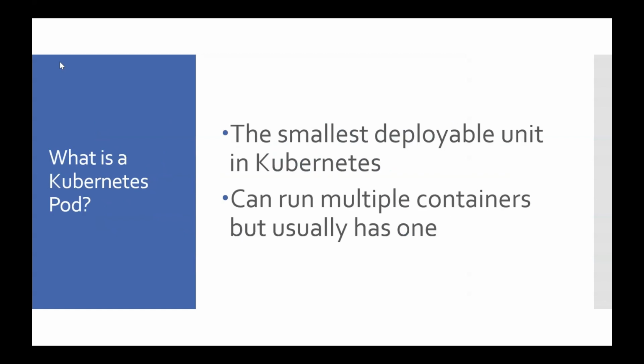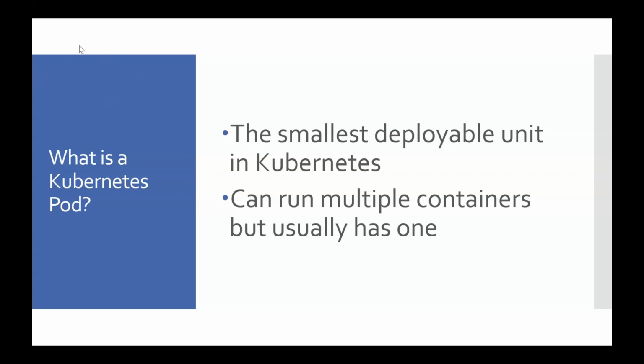Let's go ahead. So what is a Kubernetes pod? This is just the smallest deployable unit in Kubernetes. Anytime you are deploying containers in your Kubernetes cluster, your containers will be placed inside a unit called a pod.